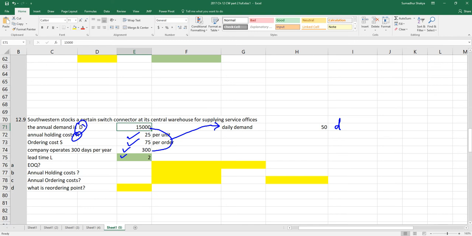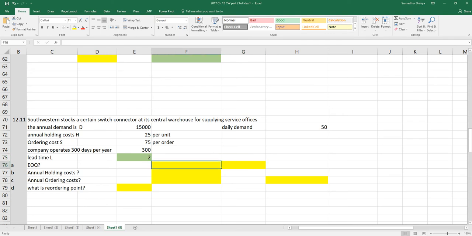First things first, what is the EOQ? Remember, we have our formula 2 times D times S and so on. Let's first calculate the optimal order quantity.